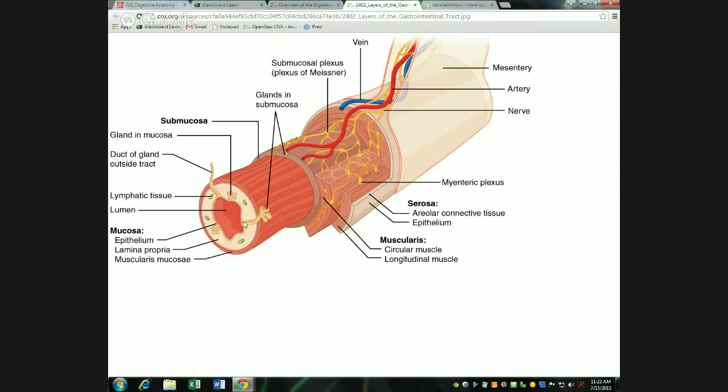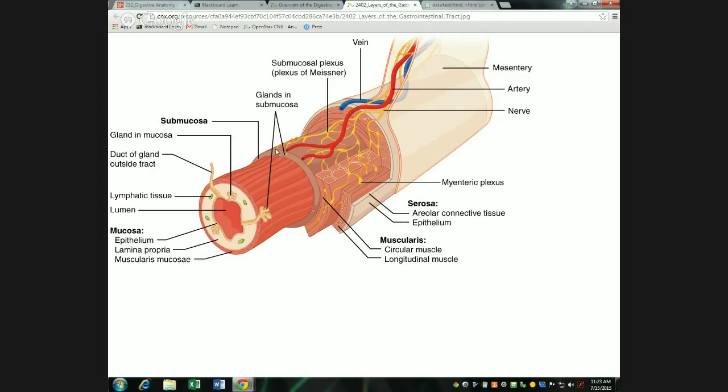But there also will be ducts passing through the mucosa that are coming from deeper glands. This gland here is on the other side of the muscularis mucosae, which means that it's in the next layer in. Or this duct here passes through the muscularis mucosae and keeps going and is going to connect to most likely an accessory organ somewhere outside of the tract.